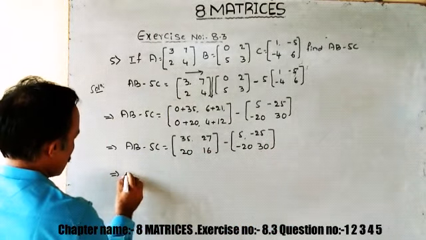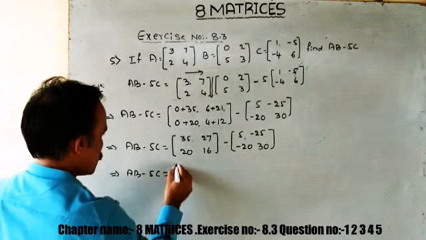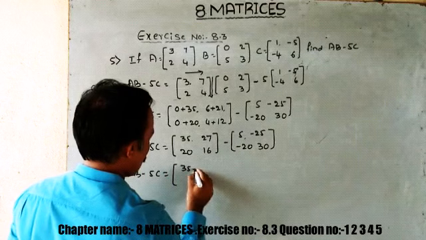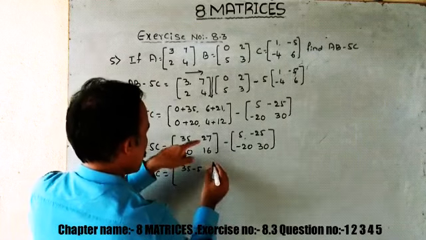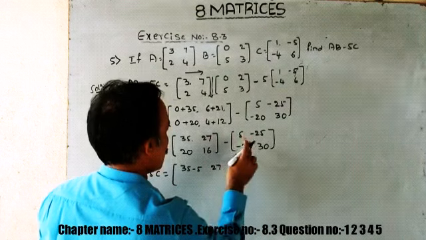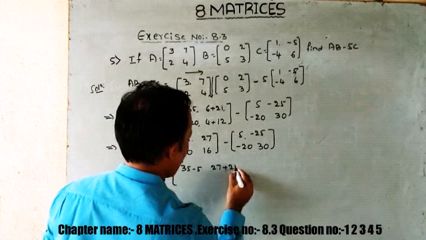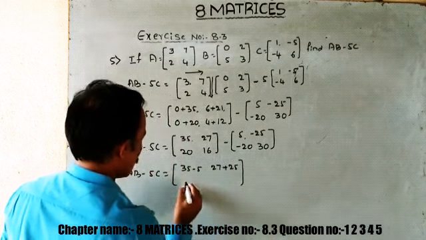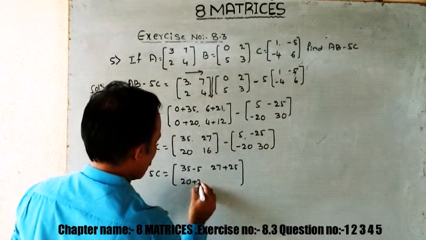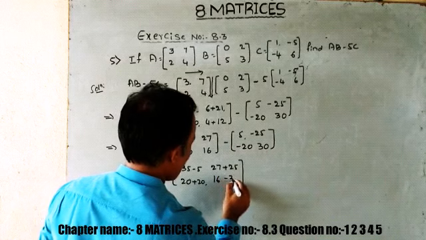So AB minus 5C is equal to 35 minus 5, corresponding elements, 27, minus of minus 25 plus 25, next 20, minus of minus 20 plus 20, 16 minus 30.